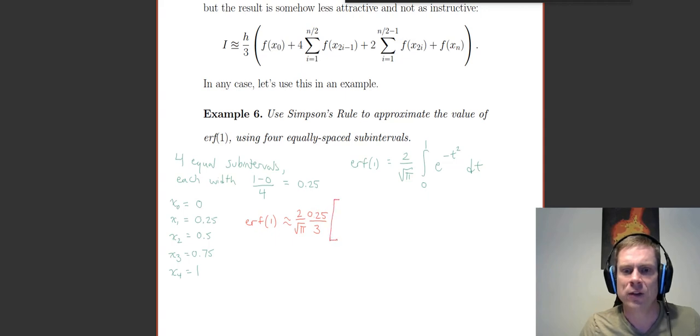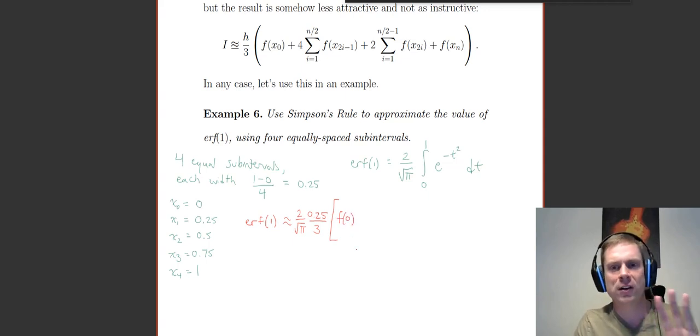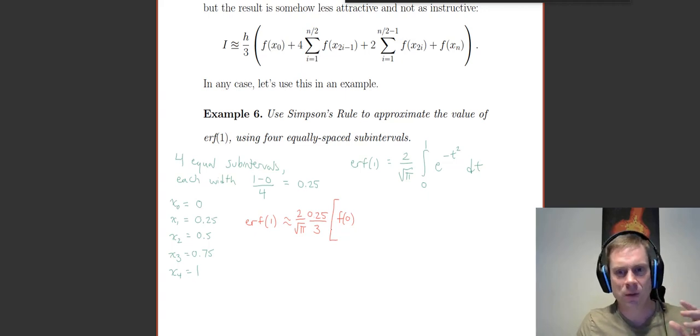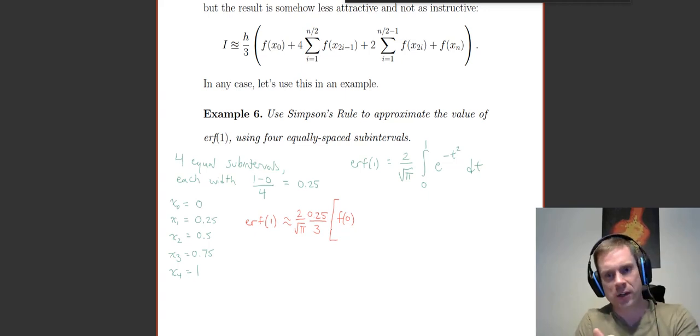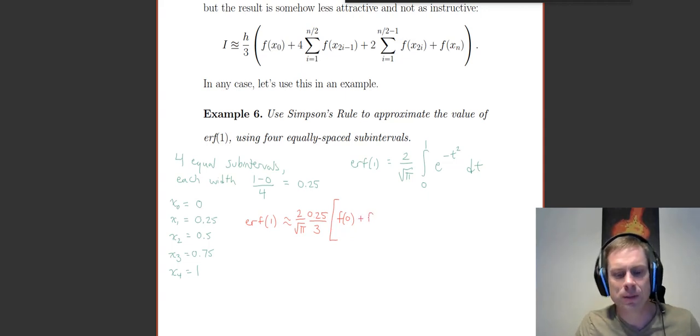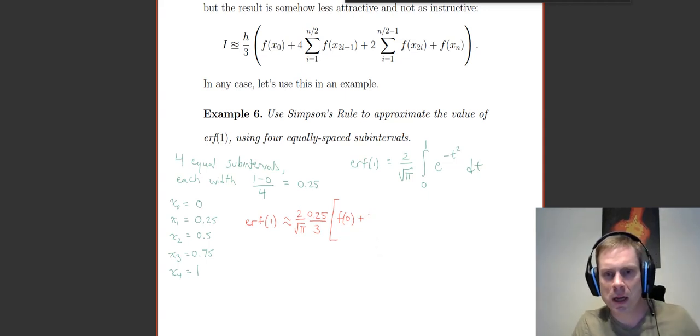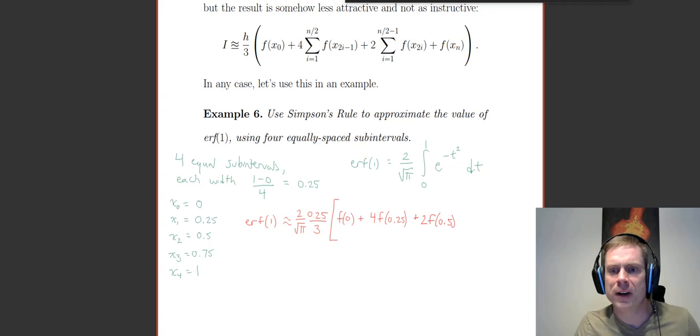H over 3 times f of 0, and then think of the pattern, right? I need 1, 4, 2, 4, 1 in order to do those 5 points. So that's going to be plus 4 f of 0.25 plus 2 f of 0.5 plus 4 f of 0.75 and then plus f at 1. And that should do the trick.